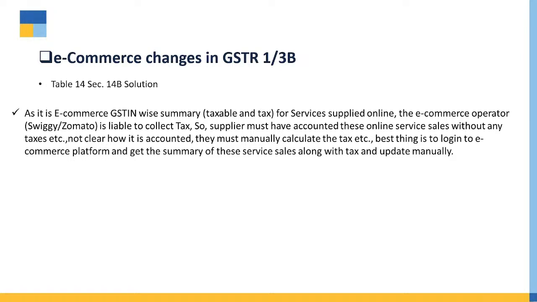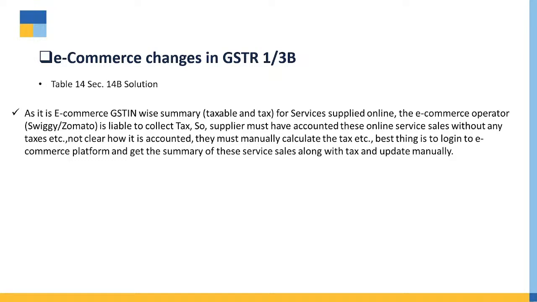The best thing is to log into the e-commerce platform, get the summary of these service sales along with tax, and update it manually. No such data is exclusively maintained in the records. As it is not a GST compliant transaction for the supplier, however, it is being asked today. So the best is to log into the e-commerce platform, take those summary values and update along with the taxes.